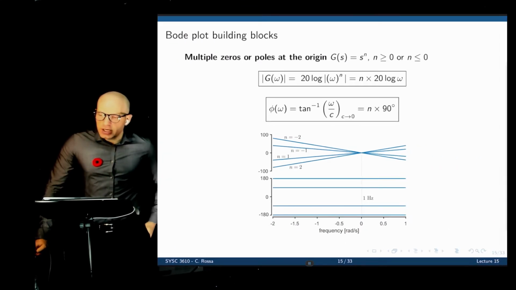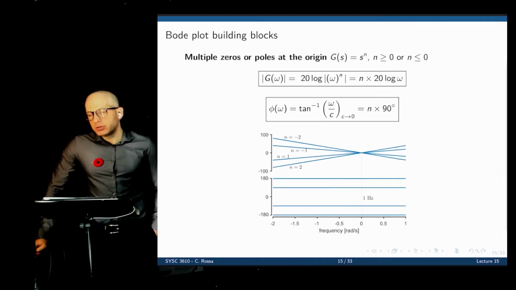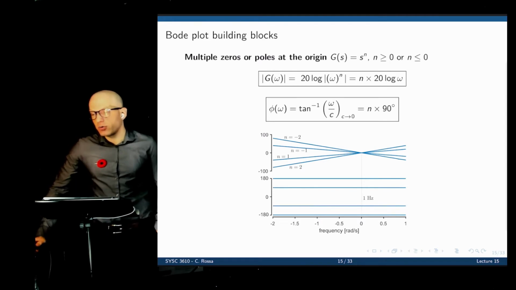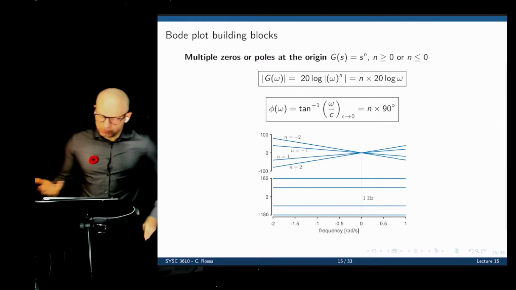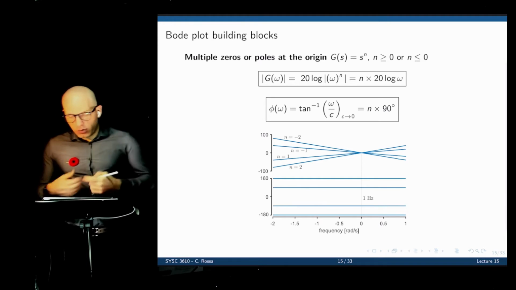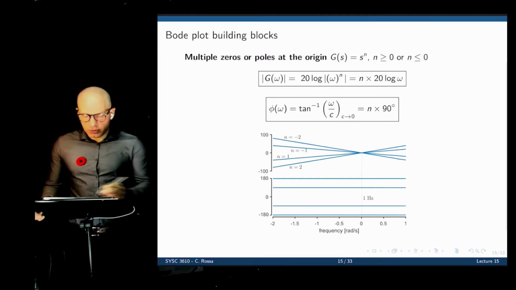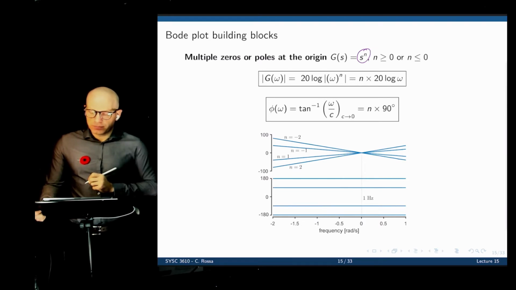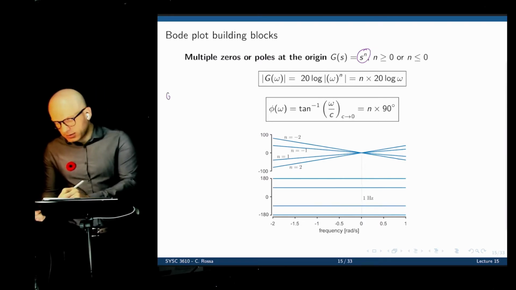We can now consider the case with multiple poles and multiple zeros at the origin. And this is relatively simple. The only thing that changes is the slope and how many degrees the phase shifts. If we have now a system with a degree of, let's say, n, so g of s equals j omega to the power of n.